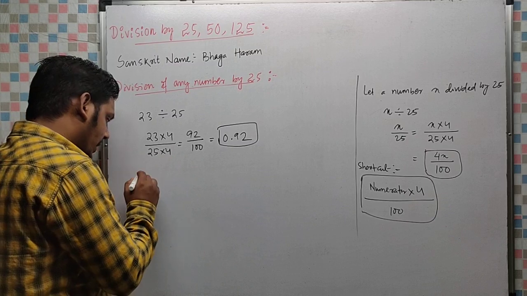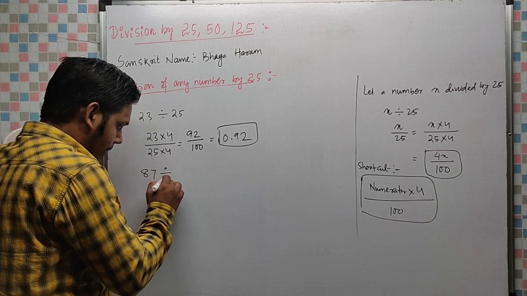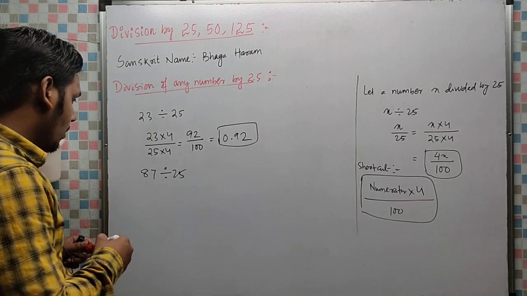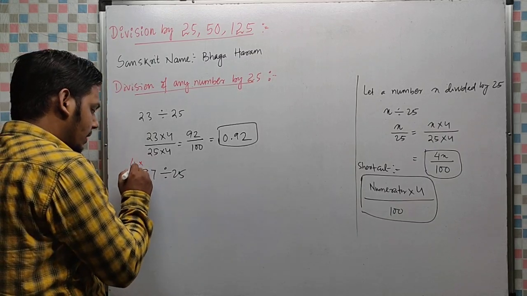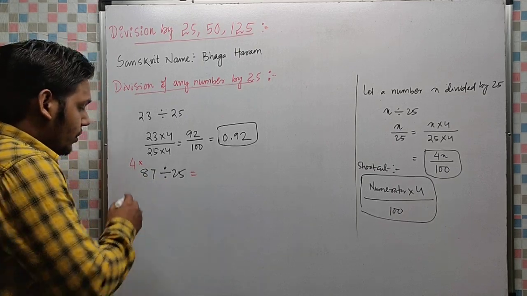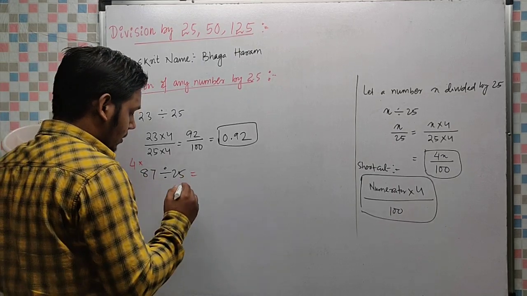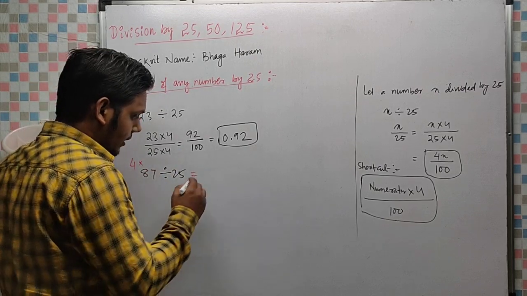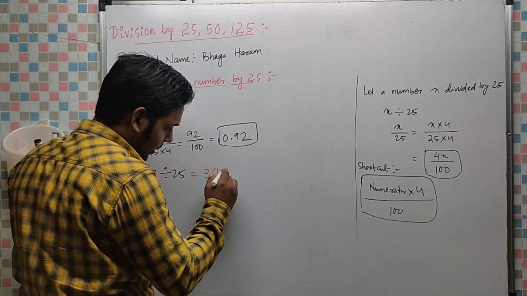Suppose one more number we'll take, 87 divided by 25. So what I have to do? I have to multiply 4 here. 87 into 4. That is how much? 4 8 32, 320, and 4 7 28. That means 348.